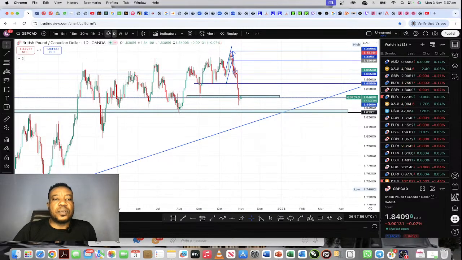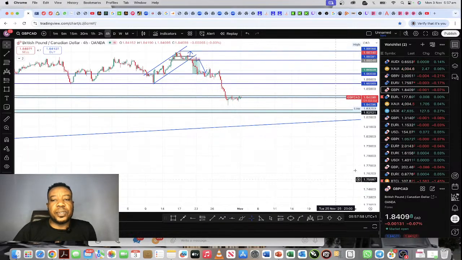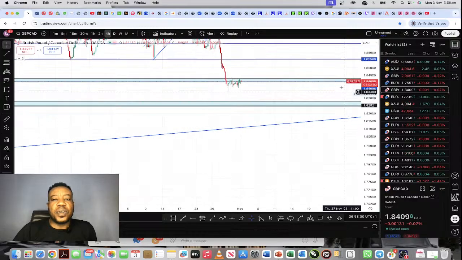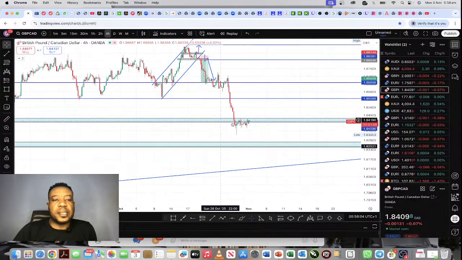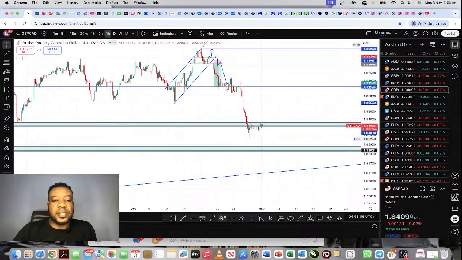So now let's go to 4-hour time frame to see what's happening. So 4-hour time frame, this is what I see on 4-hour time frame.